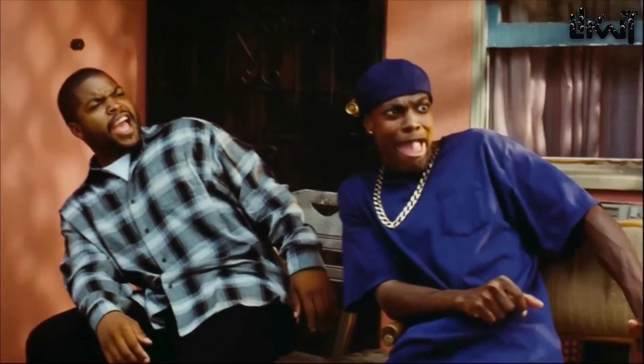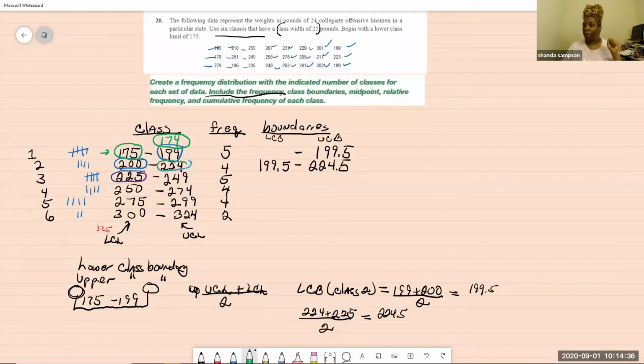You got to say, damn! And then pop up the number. All right, so it would have been 174 plus 175, giving you 174.5. I'm not doing it in my calculator, so you get 174.5. So that's the tricky part when you're doing the class boundaries for the first class, you got to pop up a new number, and then for the last class, you got to pop up a new number. All right, other than that, it's pretty easy.